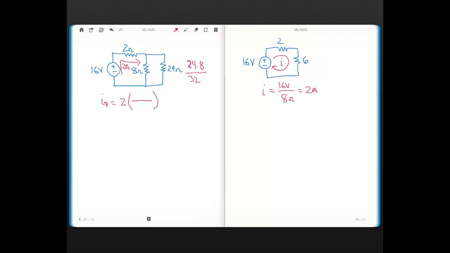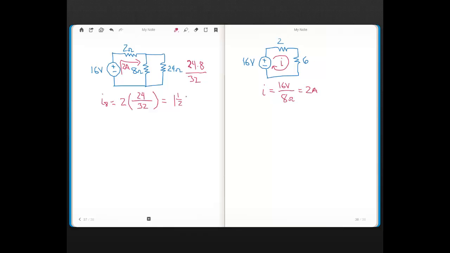So since we want the current through the 8 ohm, the other resistor value 24 goes in the numerator, and then the sum 8 plus 24, which is 32, goes in the denominator. So the current through the 8 ohm is just equal to 1.5 amps.